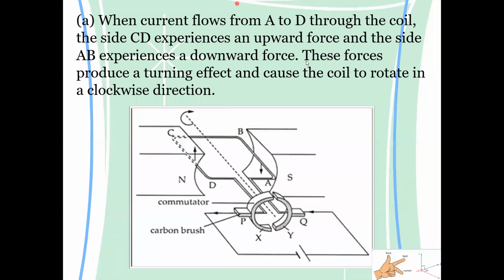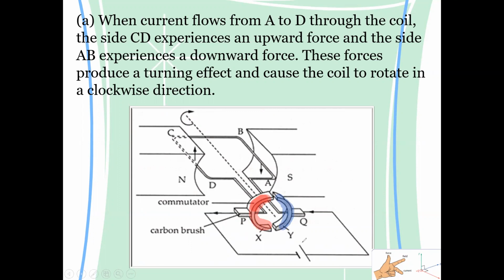Like here, see, we have two split rings. One is X, the other one is Y. So this one is split ring X, and the other one is split ring Y. Now we want to find the direction of the current.